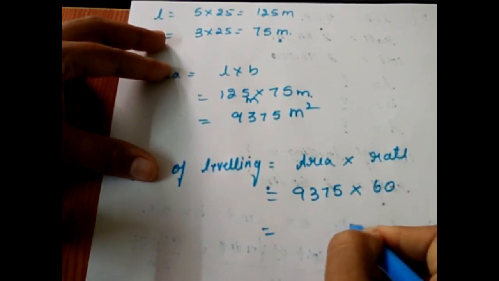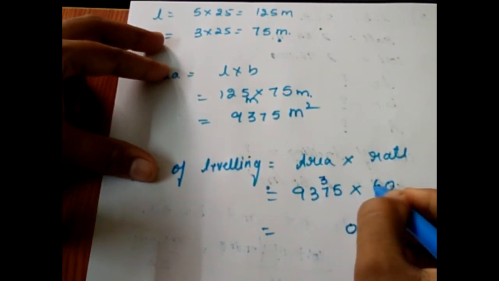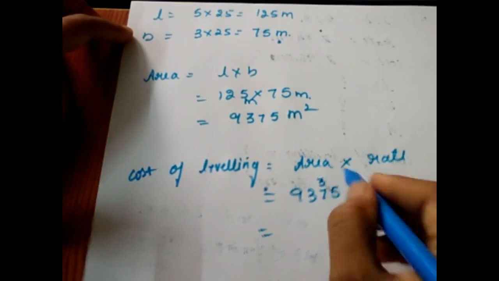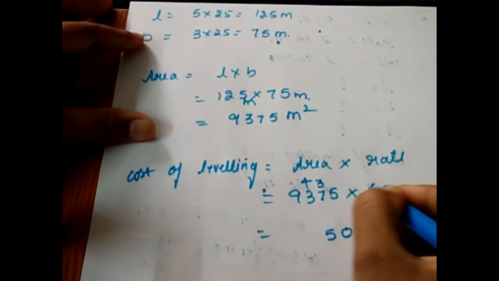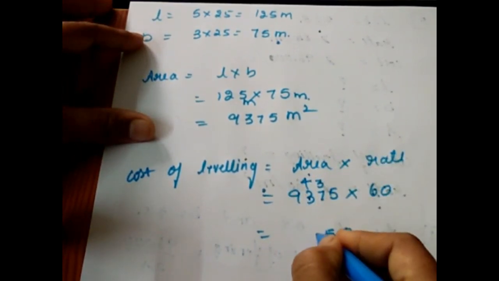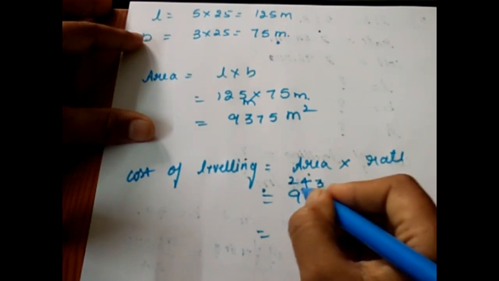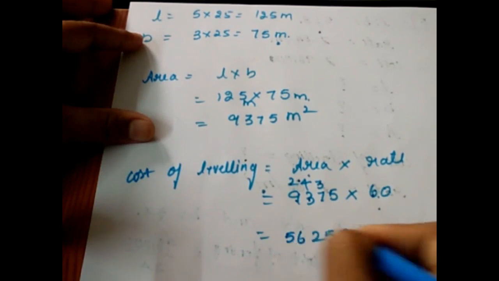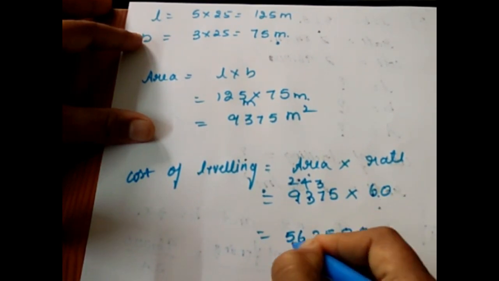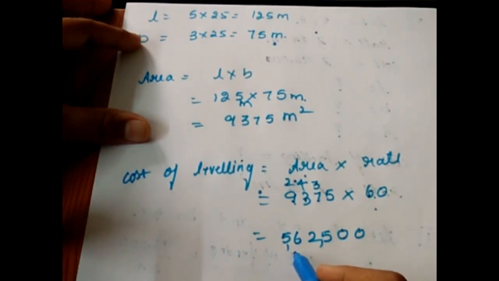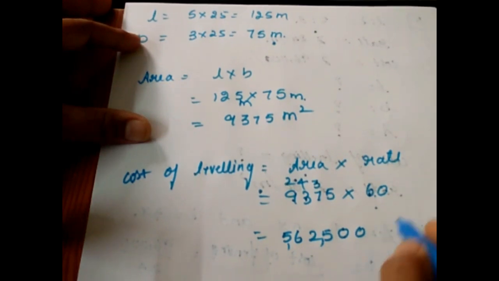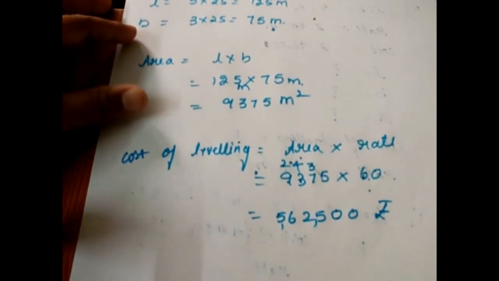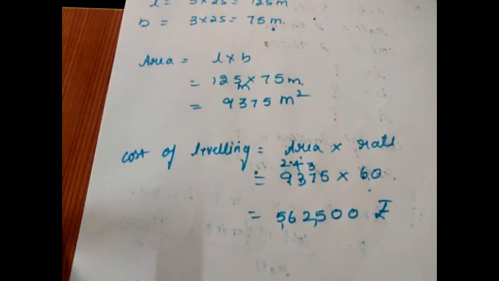So 6 5s are 30, 0, 3 carry. 6 7s are 42 plus 3 45, 4 carry. 6 3s are 18 plus 4 22, 2 carry. 6 9s are 54 plus 2 56, followed by 1 0. So it is rupees 5,62,500 is the amount which is required for, it is cost of leveling.